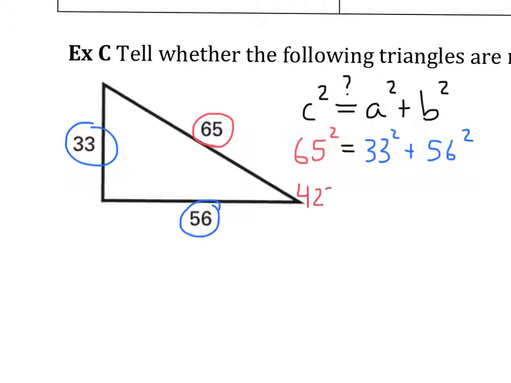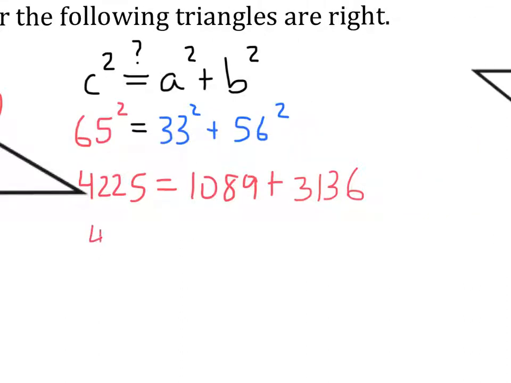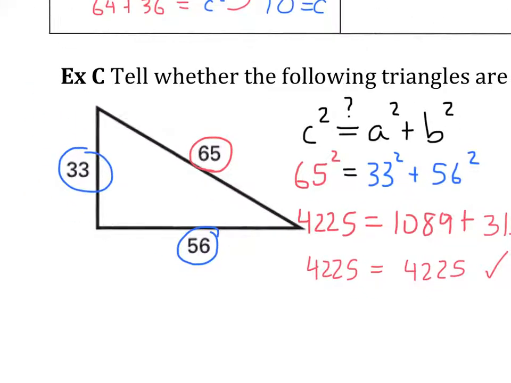So 4225 is equal to 1089 plus 3136. 4225 comes down, and when I add these two together on the right, I get 4225. Since that is a true statement, my conclusion is I have a right triangle. Tell whether it is a right triangle, and the answer is yes, it is a right triangle.